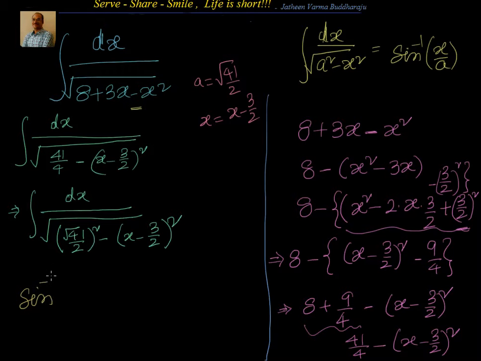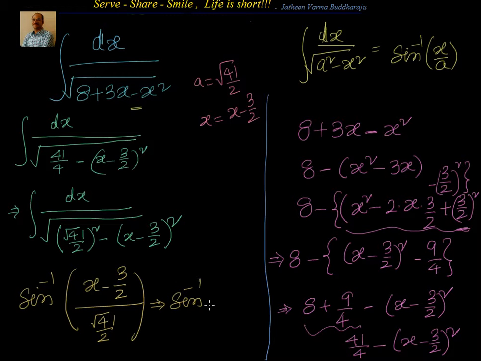I will write it as sine inverse of x minus 3 by 2 divided by a. A is root 41 by 2. If you take LCM and simplify, you will get sine inverse of 2x minus 3 divided by root 41 plus c. So that is the answer we have.